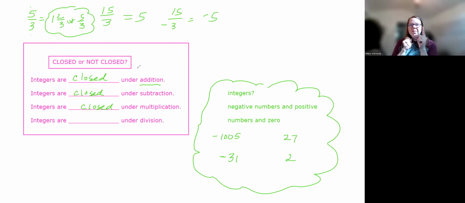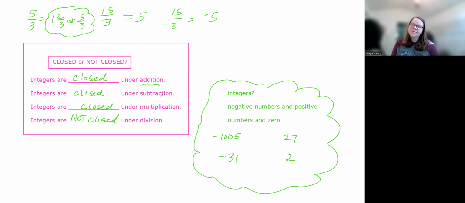If you can come up with even one example that doesn't work, then that is enough to say this is not closed under division. That is why integers are not closed under division: you can get a fraction or a decimal, depending on how you compute it, and fractions and decimals are not integers.